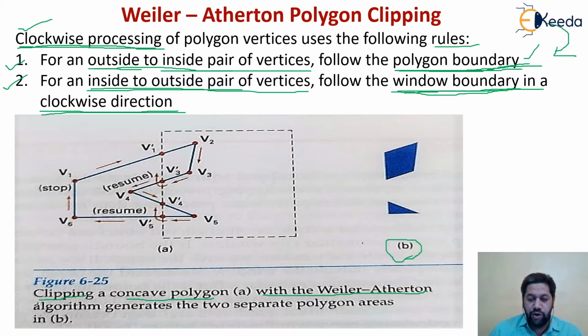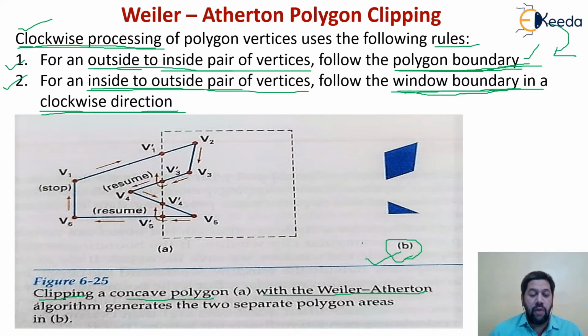This is the correct output displayed for the concave polygon. We have seen the same polygon with Sutherland-Hodgman, where I found one line in my output. Those areas were connected, but actually these are two completely separate areas. They should not be connected, and I get the correct output in the Weiler-Atherton algorithm.